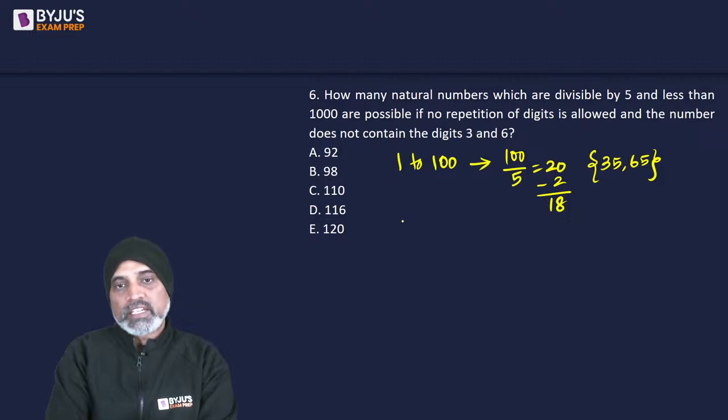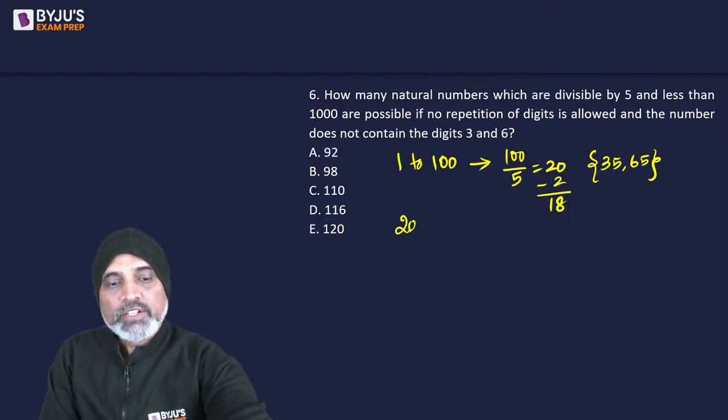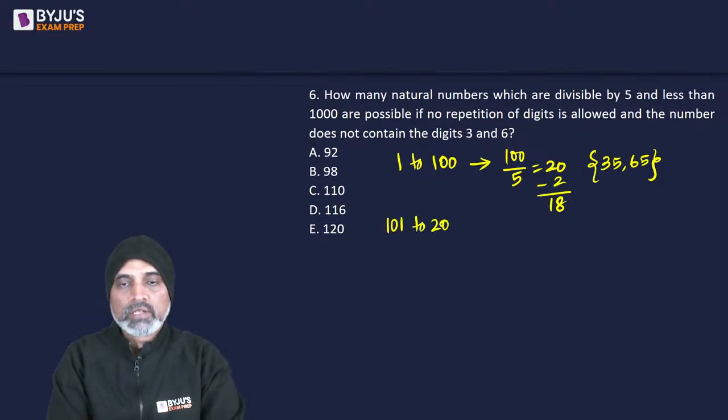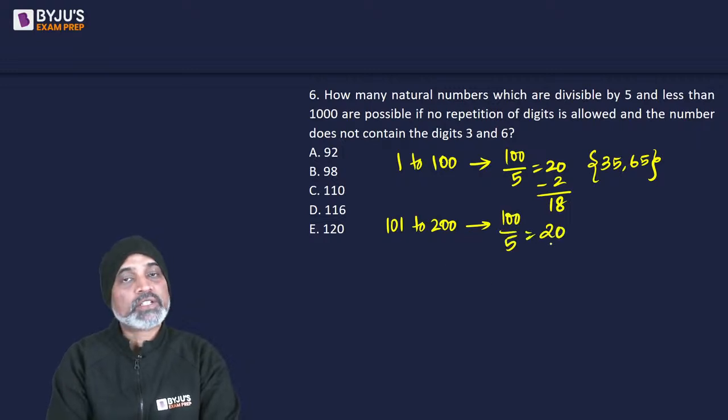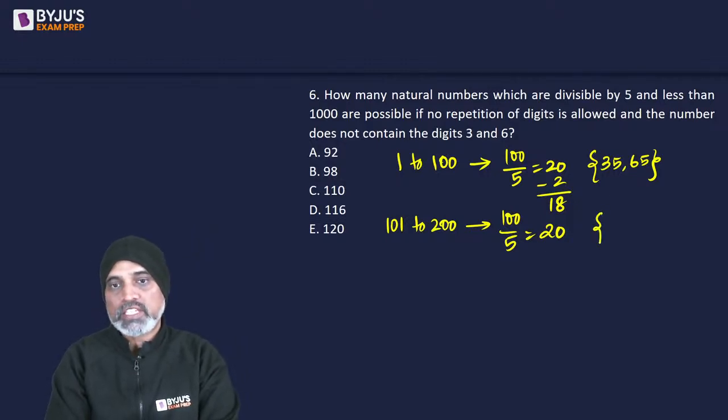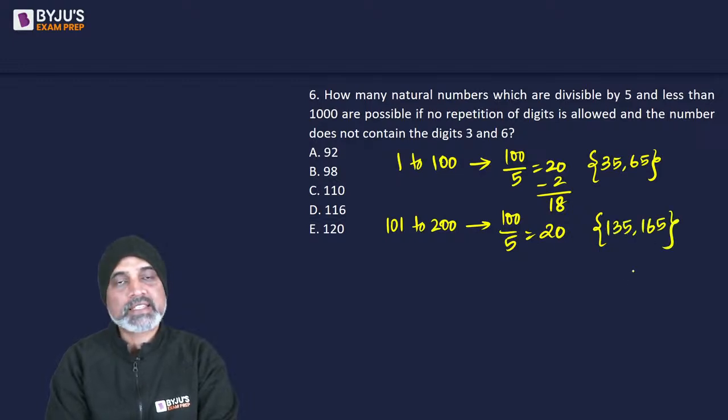Next, if we take the numbers from 101 to 200, the same thing will happen. These are 100 numbers and there will be a total of 20 numbers that are multiples of 5. Out of these 20 numbers, we will again have 2 numbers that will contain 3 and 6.